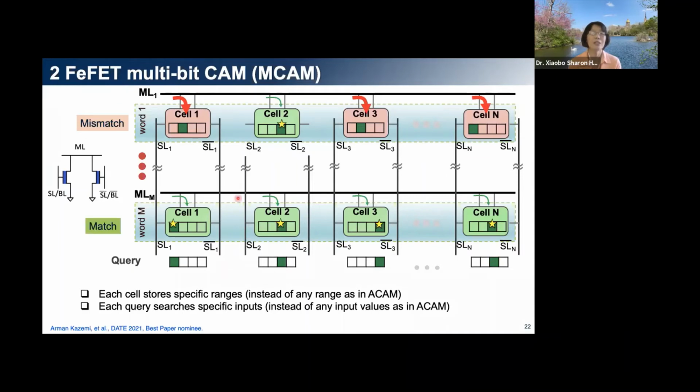And you can see in this case, again, the last word is a match and the first word is not a match, okay? So the example I showed you is an exact match. But it can also support best match and threshold match using the sensing circuit that I have shown before. Of course, the requirement for sensing margins will be more demanding, okay?